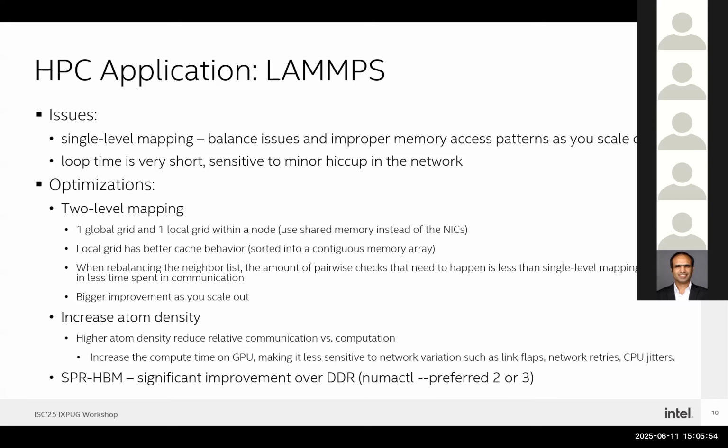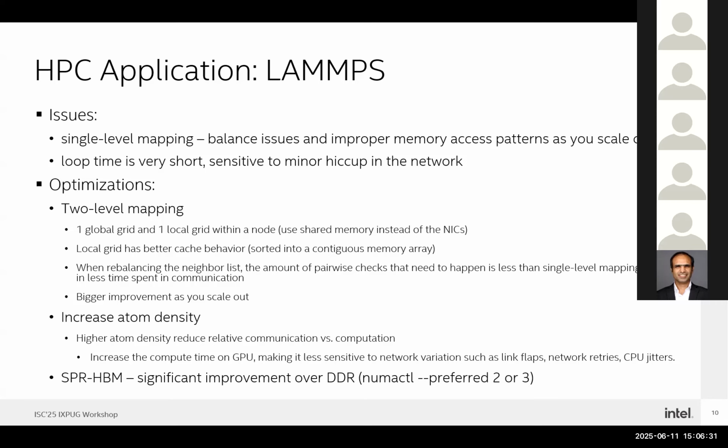So 2 optimizations were done. One is to change the mapping of assignment. The initial assignment used a single mapping where it assigns atoms or elements to nodes, and those are assigned to 96 ranks. Eventually, there is some imbalance. In addition, we have the small loop times, and so to address the first issue, which is the mapping, they use 2-level mapping.